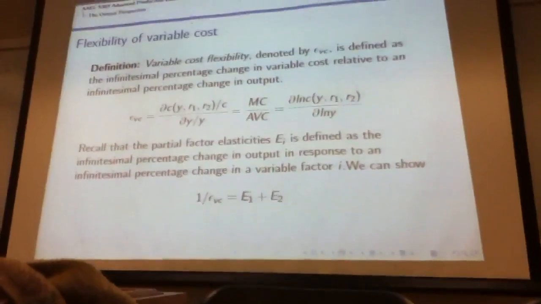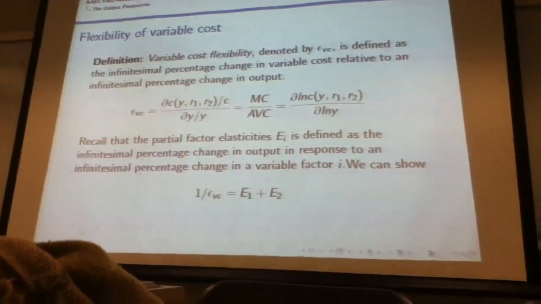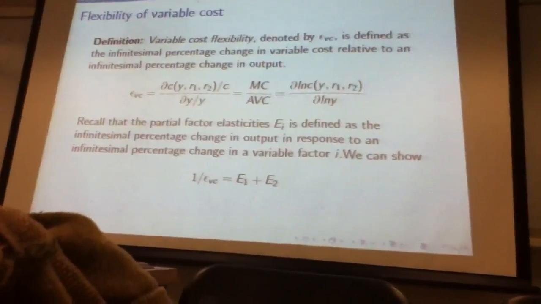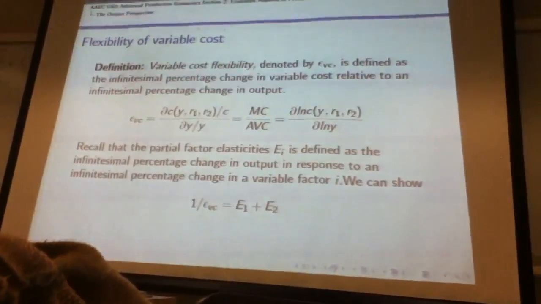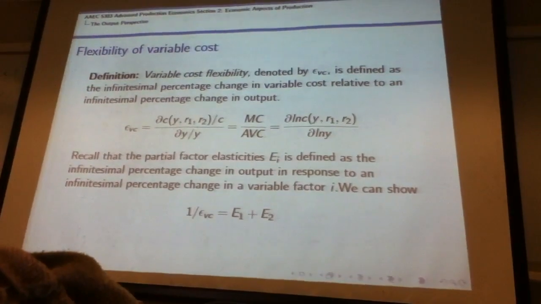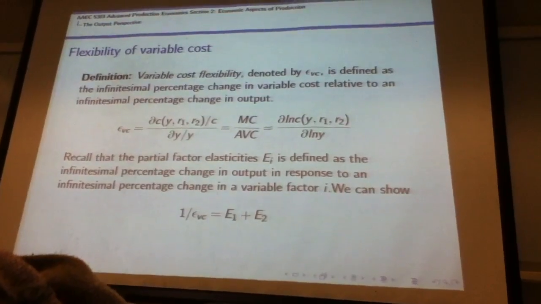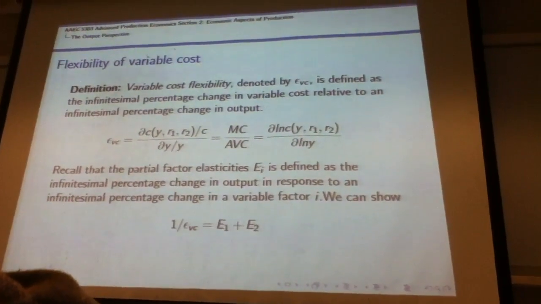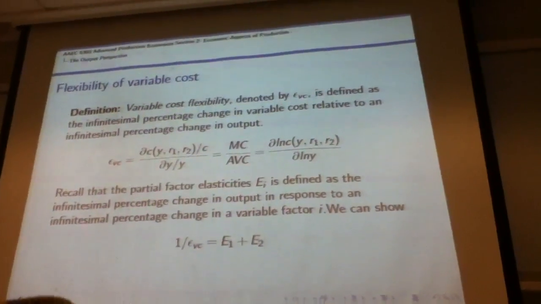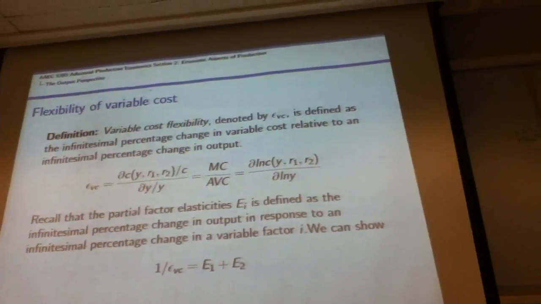Can you say that one more time about this economies of scale? If the firm doubles its size, what were you saying? A firm is operating at a level of economies of scale.